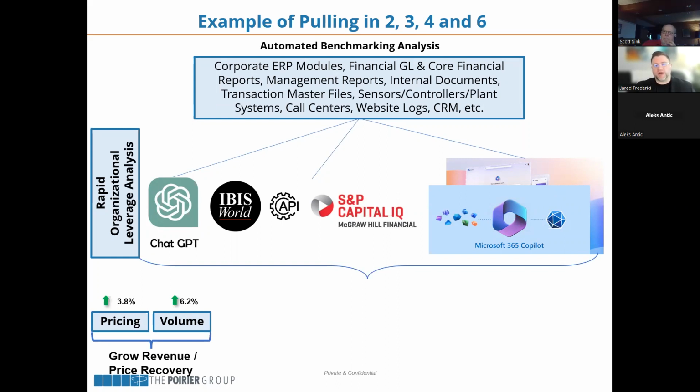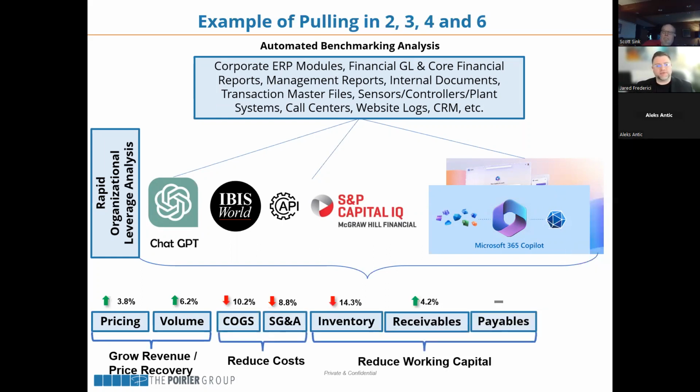And eventually when Copilot's fully rolled out, the way you can combine some of these and what that means for us is, can you, in a matter of 30 seconds based on your industry, have a sense of your key operational KPIs and how those are benchmarked to other organizations.